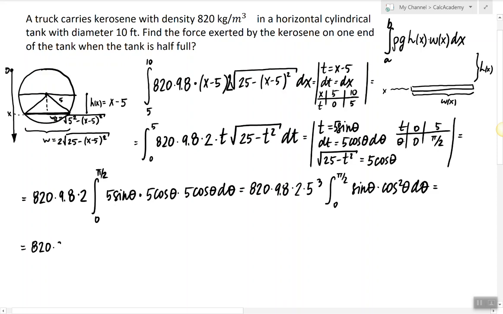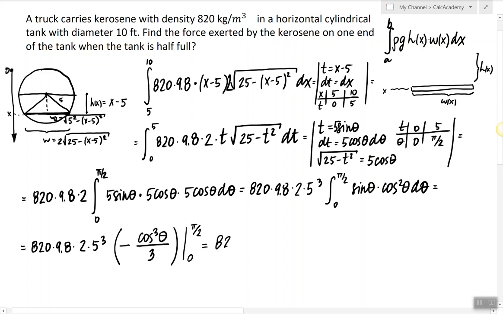And the antiderivative of sine theta cosine squared theta is negative cosine cubed theta over 3. That is easy to verify by just differentiating this negative cosine cubed theta over 3, which we evaluate from 0 to pi over 2.